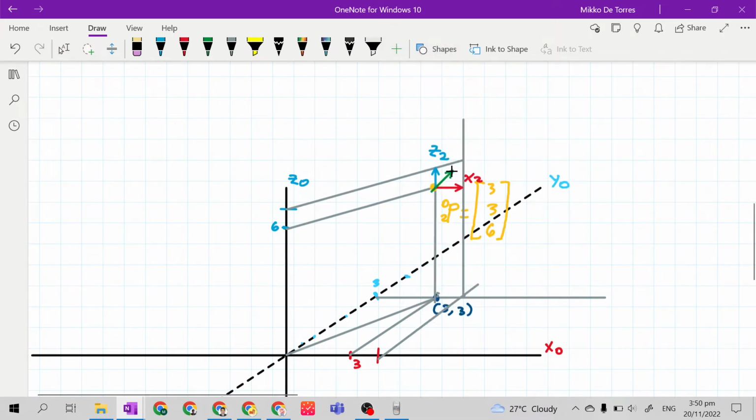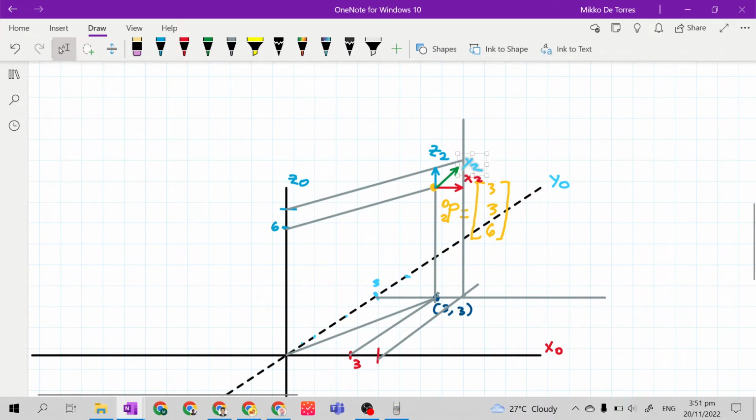Okay. So this is y sub 2. Okay. So this plot shows the position and direction of the spray at the end effector.